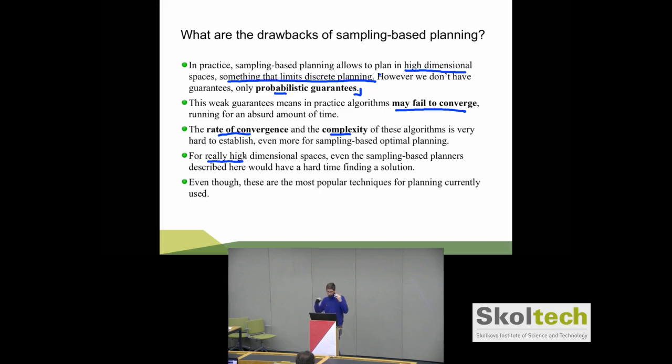Because of the number of samples that you require to cover the space, to explore the space. I'm just talking about sampling and covering the full space, not solving the planning problem. For covering the space with samples, this number grows exponentially with the dimensions.